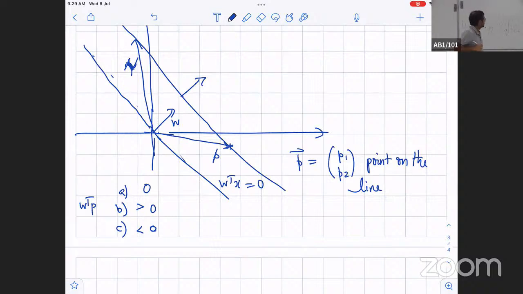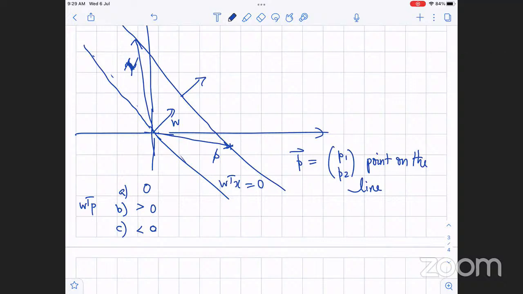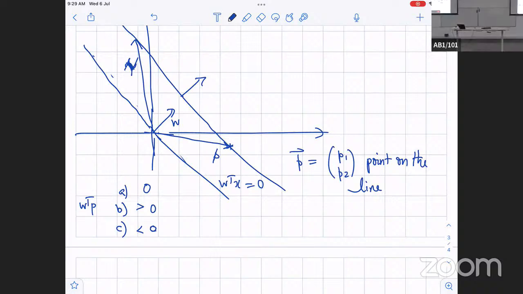What is the angle between W and P? Yeah, but P is not orthogonal to W, right? P does not lie on the line W transpose x equal to 0. P lies on the parallel line.